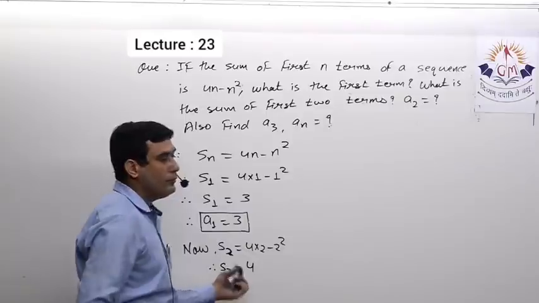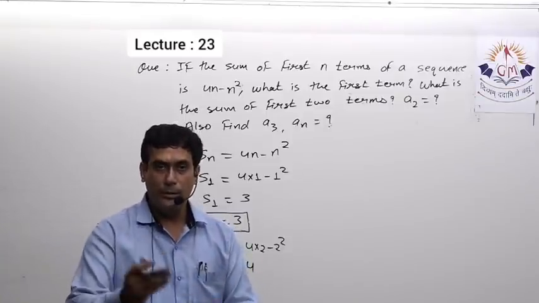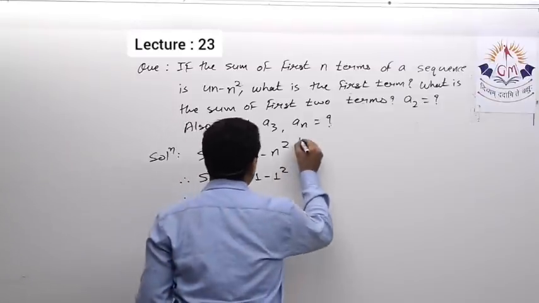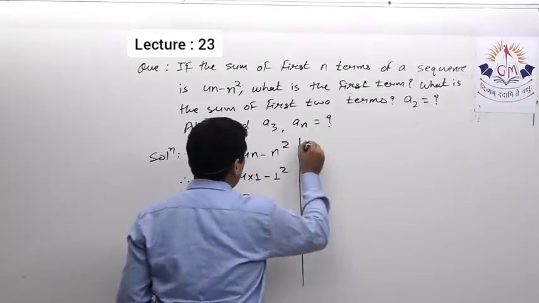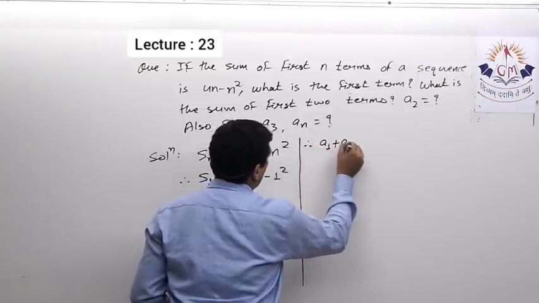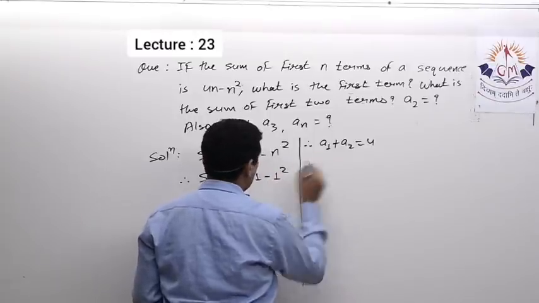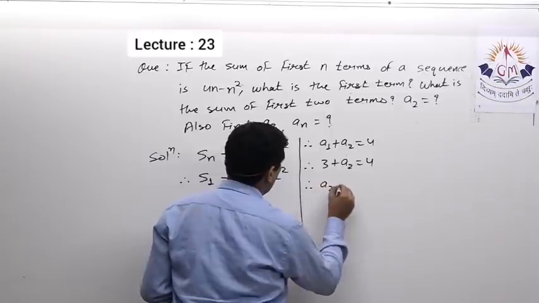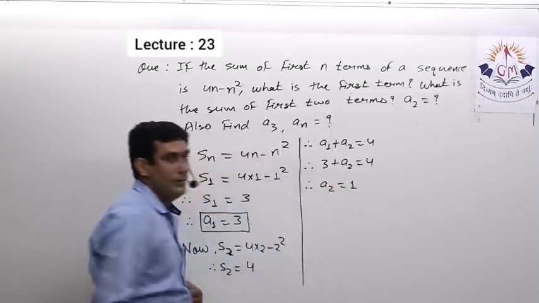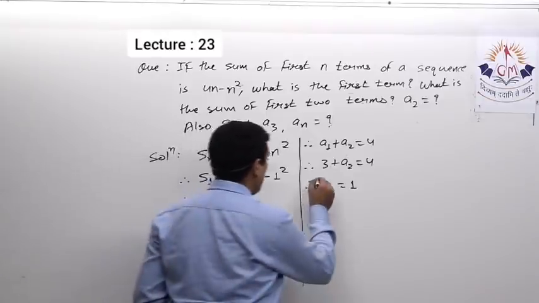Sum of two terms means first term plus second term. So here I can write a1 plus a2 is equal to 4. Since a1 is 3, this gives me the second term, a2 is equal to 1. Okay, I got the first term, I got the second term.